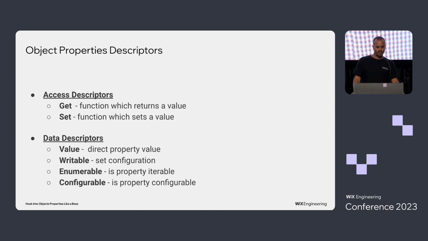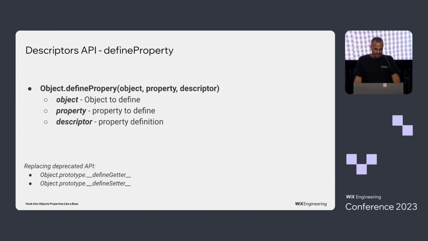And there are data descriptors, which are value, which is the direct value of a property, writable, which configures whether I can rewrite a property, enumerable, and configurable. We will see examples of all these descriptors in a few slides.